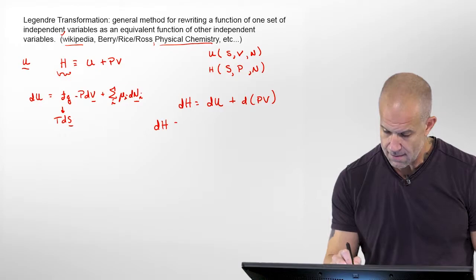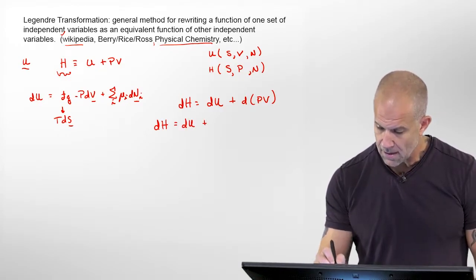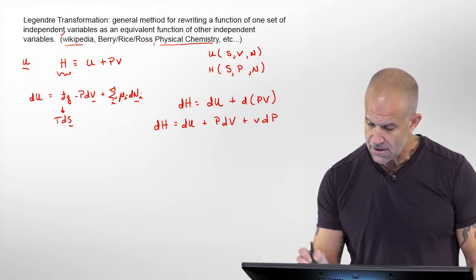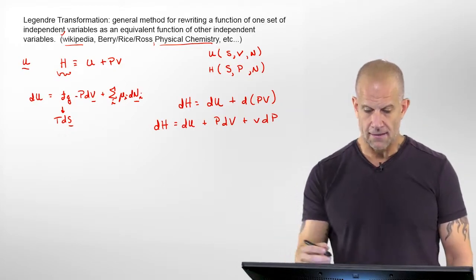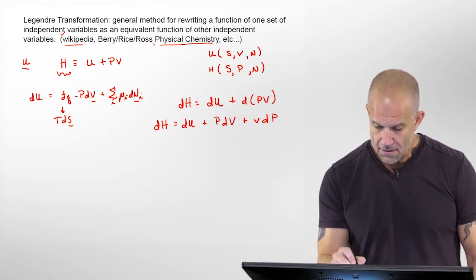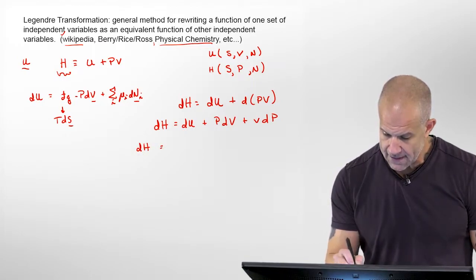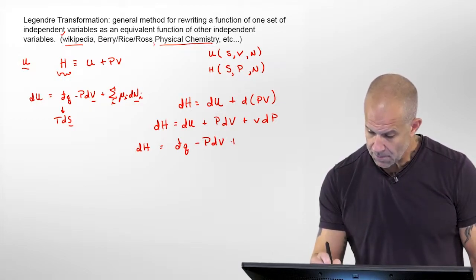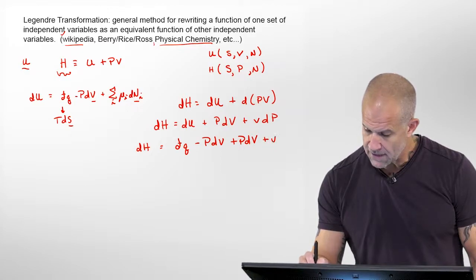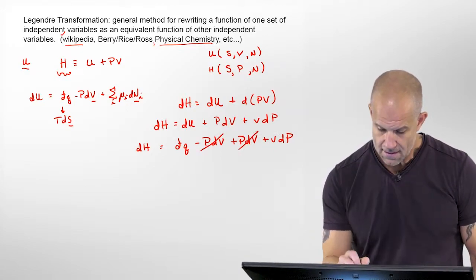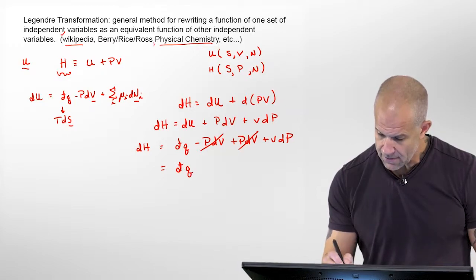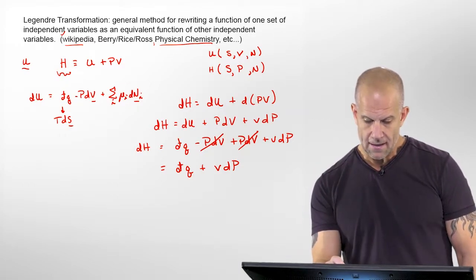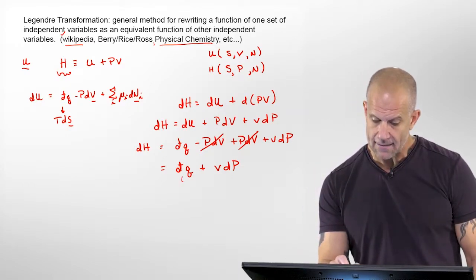Expanding that, dU plus PdV plus VdP, chain rule in calculus. And like we said, this is the heat term minus PdV plus PdV plus VdP. So these two go, and then this is dq plus VdP. And like we said, this would be entropy. This is TdS.